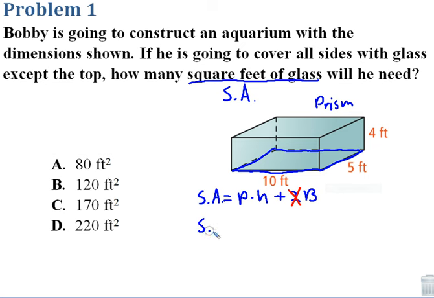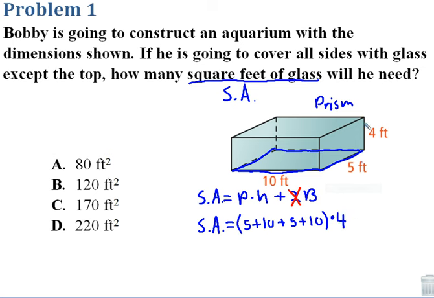So our surface area is going to be equal to the perimeter of our base, which will be 5 plus 10 plus 5 plus 10, times the height of the prism, so times 4.